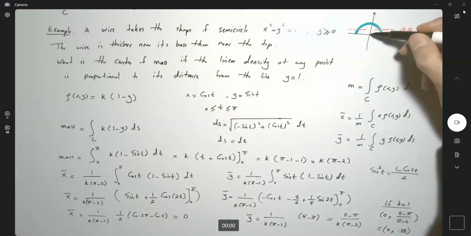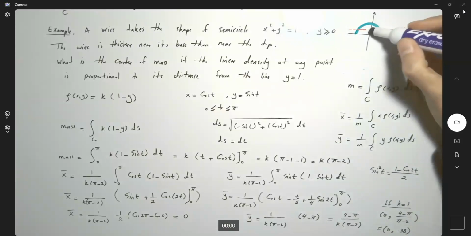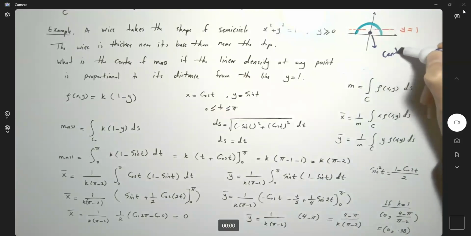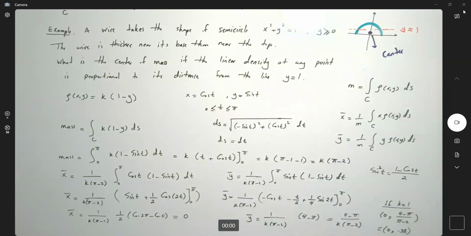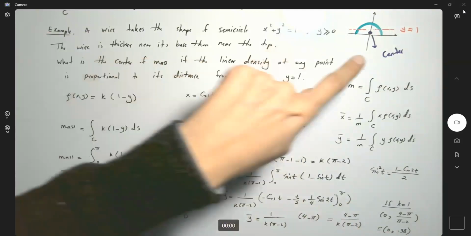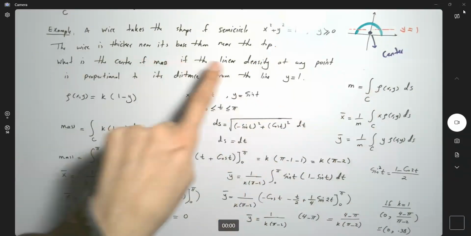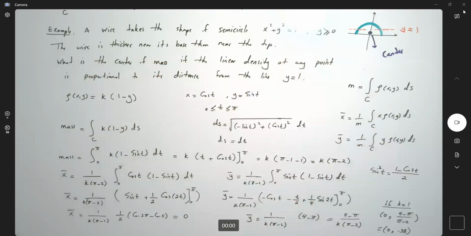So 0 and 0.38 is going to be your center of mass, almost here. This is the center of mass. So we can use the line integral and see one application: finding the center of mass of a wire that has a different thickness on top than at other points.